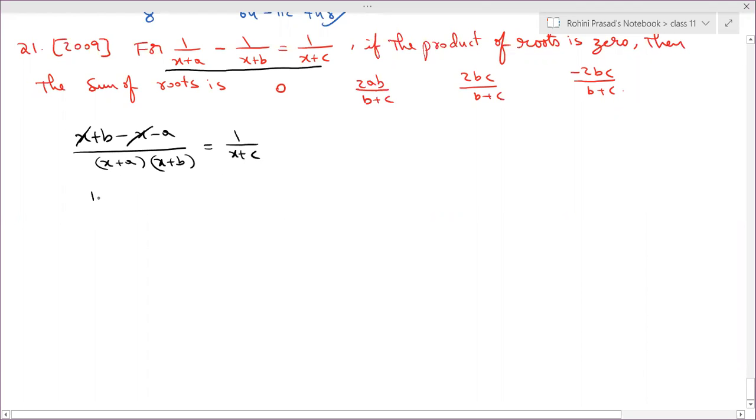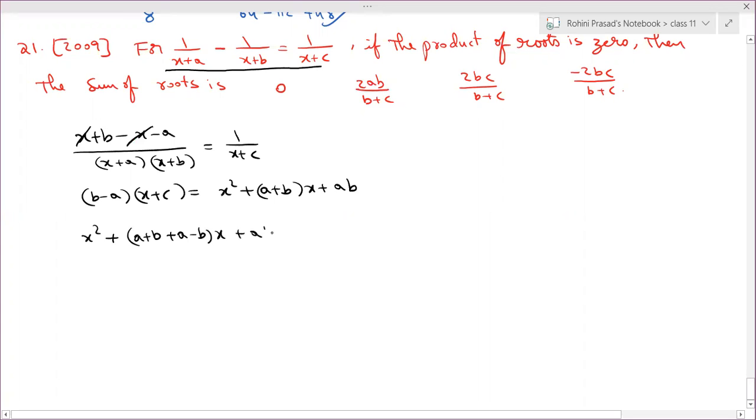So b minus a into x plus c equal to x square plus a plus b into x plus ab. So we bring this to the RHS, and this will be x square plus a plus b plus a minus b into x plus ab minus c into b minus a equal to 0.